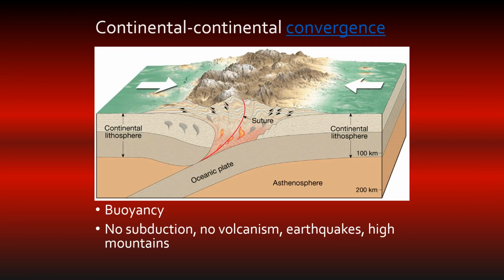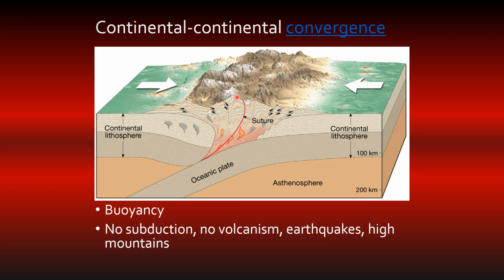And for the third type of convergence, continental to continental, or CC convergence, we tend to see no subduction any longer. Now here, there's an oceanic plate that was once subducting, but now the continent that was attached to that oceanic plate has come along, and this continent is slamming into another continent under which that oceanic plate was previously subducting.